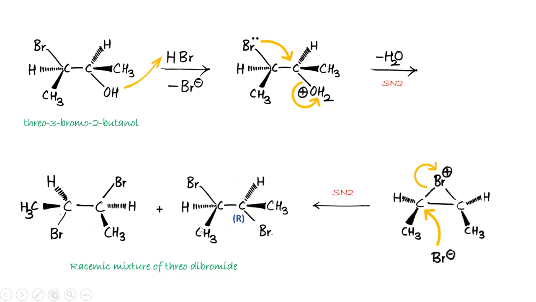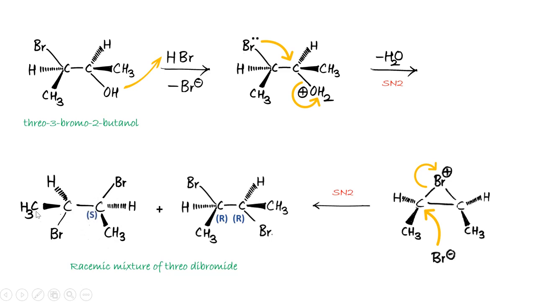Again, it's showing R, and the lowest priority group is at the backward position, so it is again R. Now, in this product, in case of this carbon, bromine is first priority, this group is second priority, and CH3 has third priority. So as it is anti-clockwise, it has S configuration.